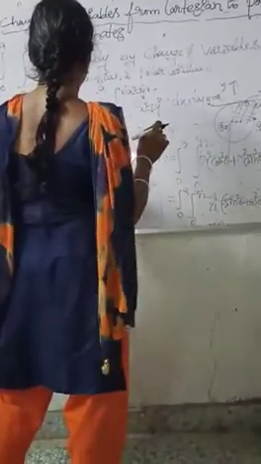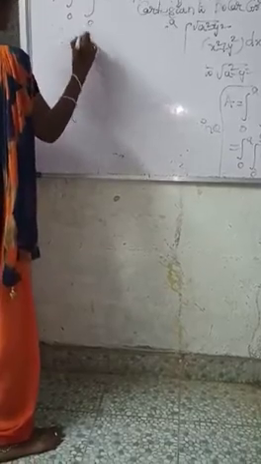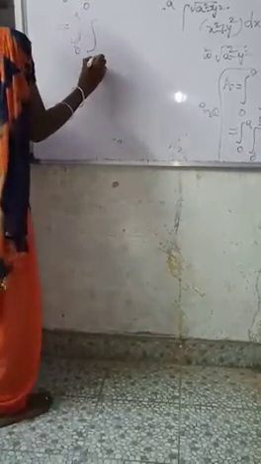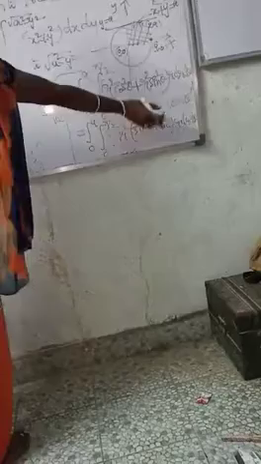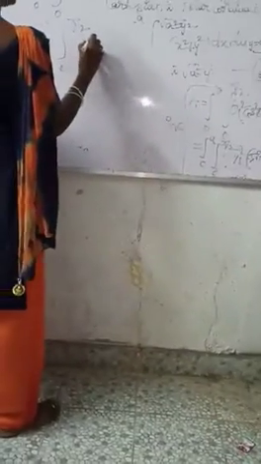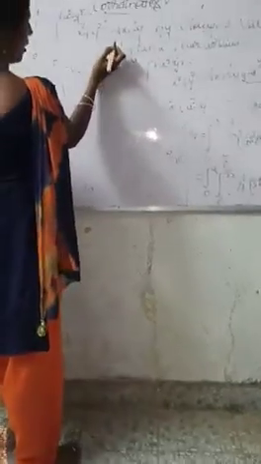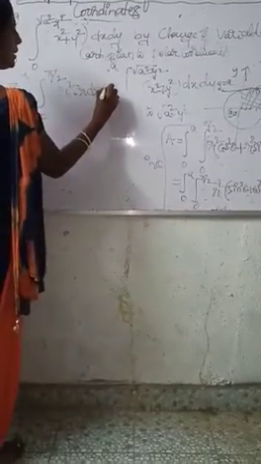Here sin square theta plus cos square theta equals 1, that is the trigonometric formula we already know. Therefore r square into r dr d theta.